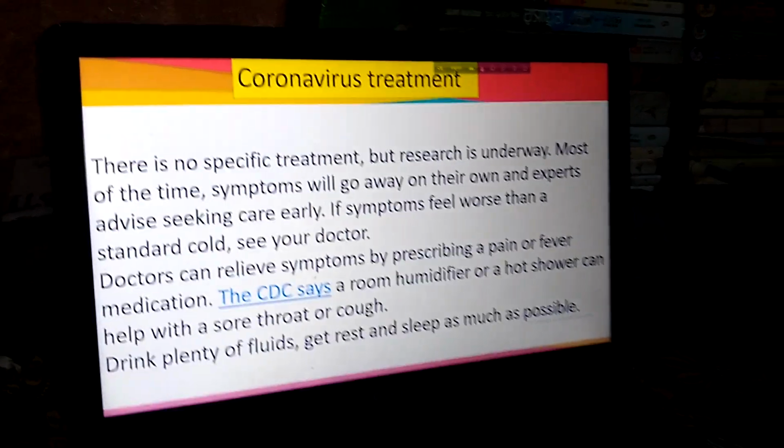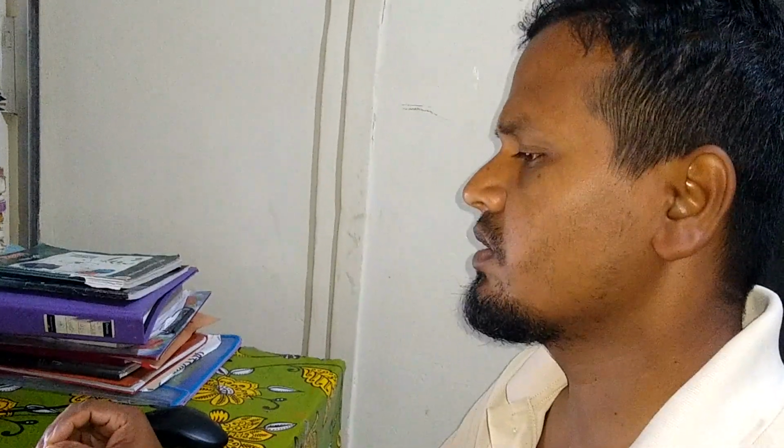And by these Provashi people it spread in our country, at first from one of the Italian people. The doctors found this virus in an Italian Bangladeshi who had come recently to Bangladesh.